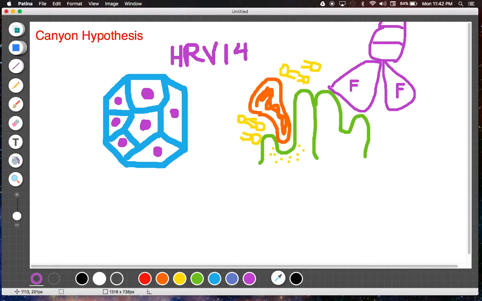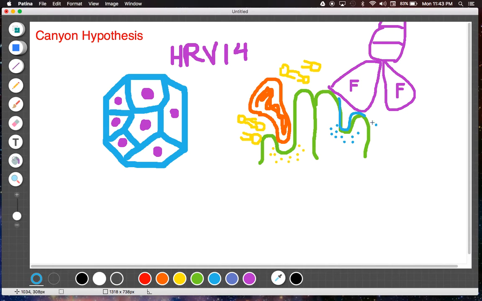As you can see, this Fab region is too big to fit inside the canyon. It wants to get down to these residues at the bottom so it can recognize the virus as a pathogen and bind to these antigens presented by the virus so it can take further action to eliminate the virus.